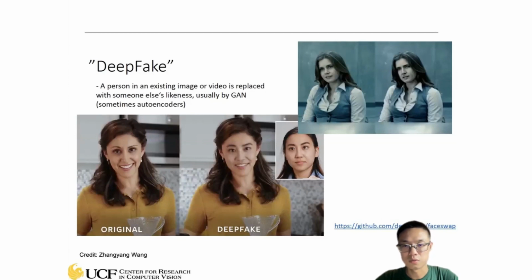So the challenge is you want to develop an algorithm that is able to detect those generated images or videos accurately. Okay, so this is just something we have to be mindful of, right? This can also have a bad impact, or is the bad side of this kind of approach or technique. Okay.